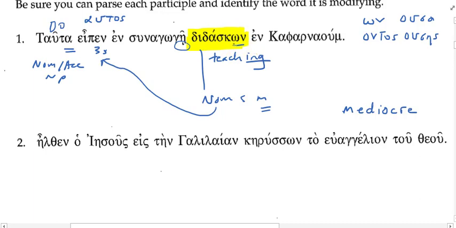If this form were not didaskon, let me change this up a bit just to drill some. What if we had didaskanti, like that? What form of the participle would that be? What would that final iota be telling you?